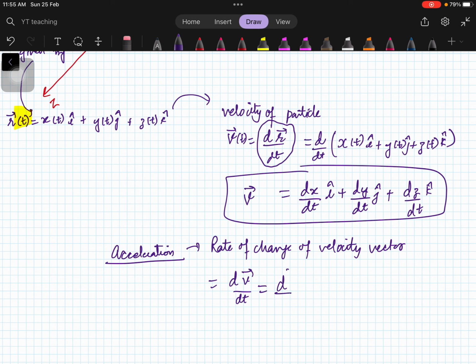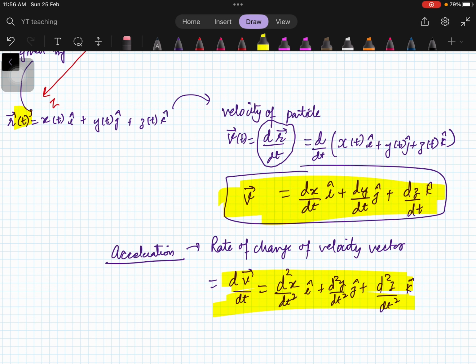So that is d2x by dt2 i cap plus d2y by dt2 j cap plus, this last term should be involving z, d2z by dt2 k cap. So now you can see very beautifully that the results which we have in one dimension, or for scalar functions, are being transformed to vector valued functions.